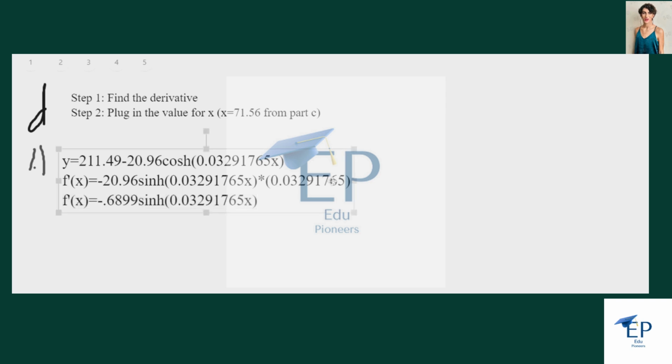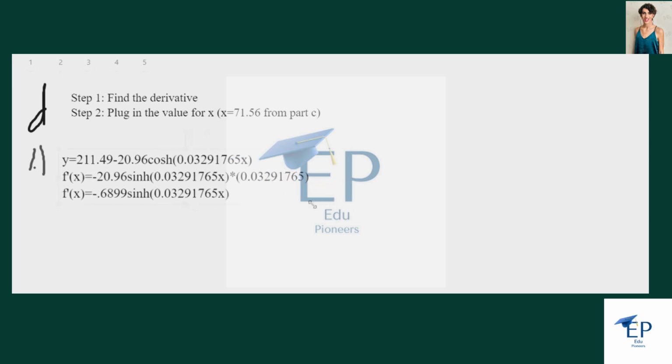And now we're going to go on to step 2 to finish solving this part of the question. And step 2 tells us that we need to plug in the value for x that we're interested in. So we're going to take what we just found in step 1, which was this. So here's our derivative.